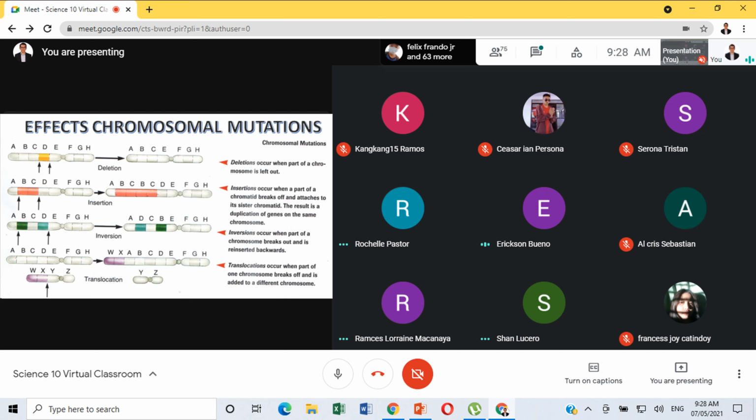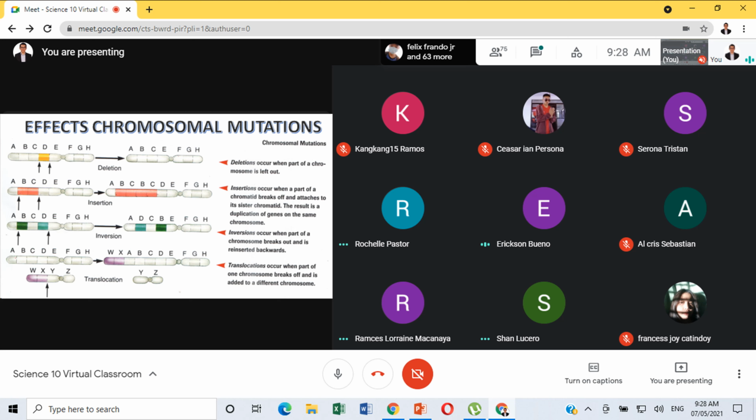It happens when there is loss of part of a chromosome. Insertions occur when a part of a chromatid breaks off and attaches to its sister chromatid. The result is a duplication of genes on the same chromosome. Okay, so this is called genetic material added from another chromosome.